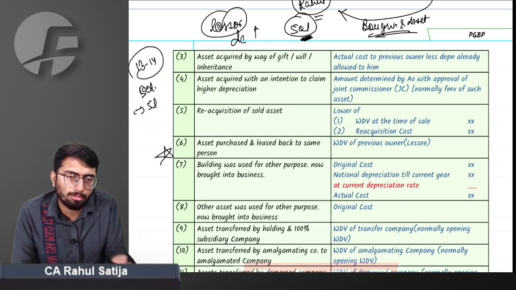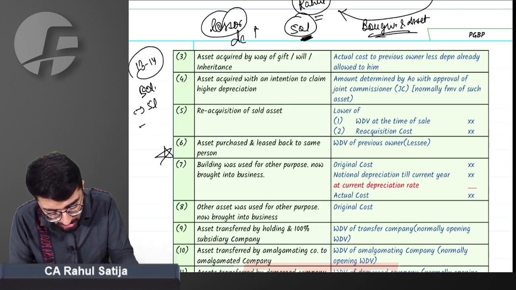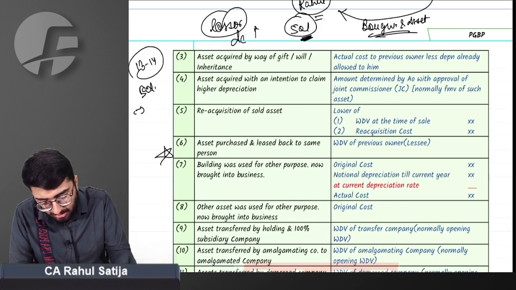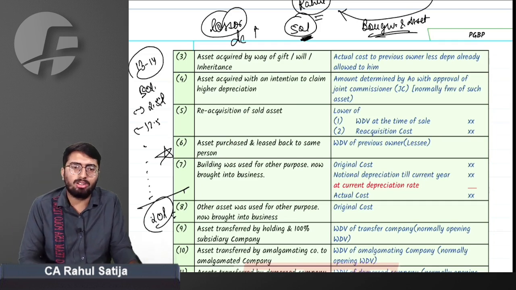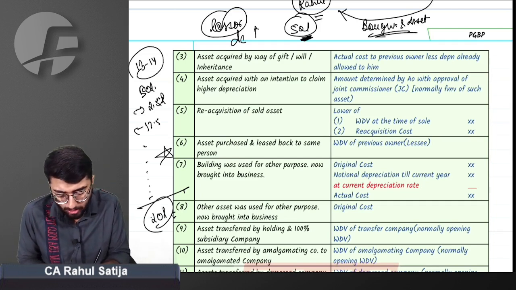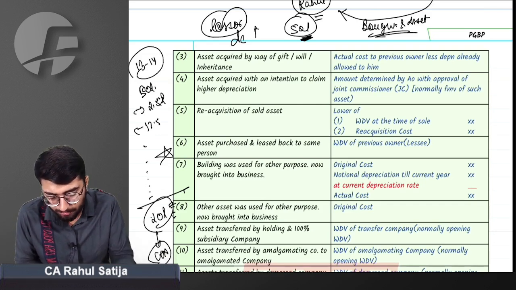Depreciation allowed on a residential building is 5%, that is 2.5 lakh. Minus 2.5 lakh for 10 years as notional depreciation. Whatever the value turns out to be, say 20 lakh, then this 20 lakh will be your cost of acquisition for your new business.